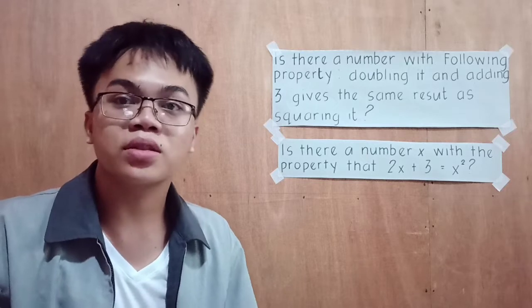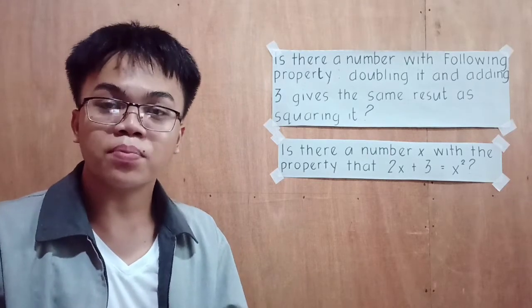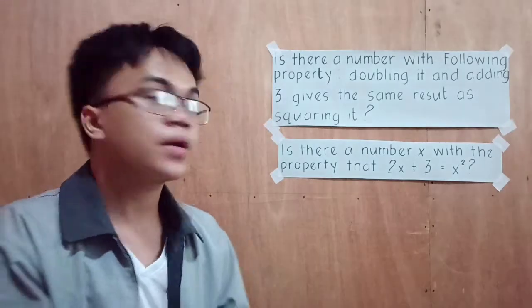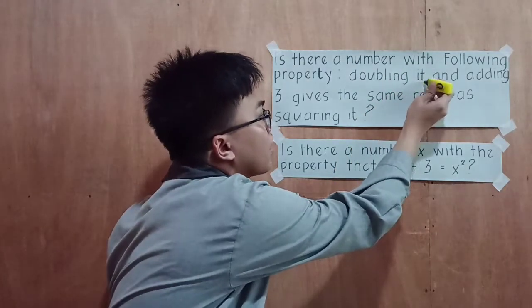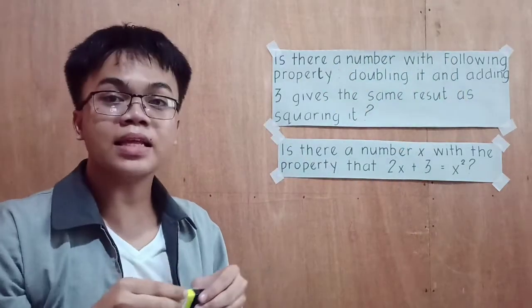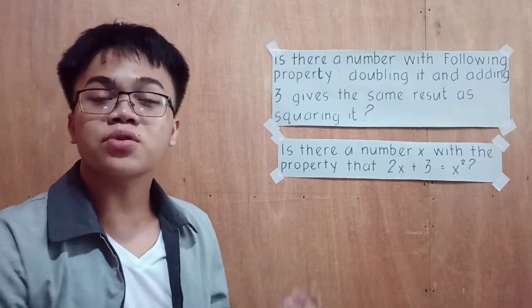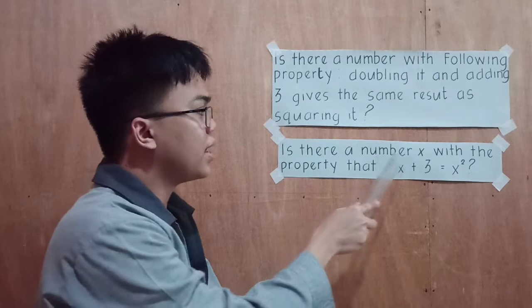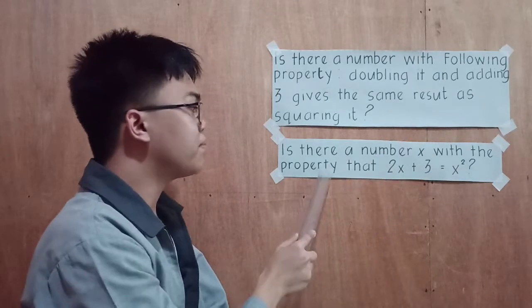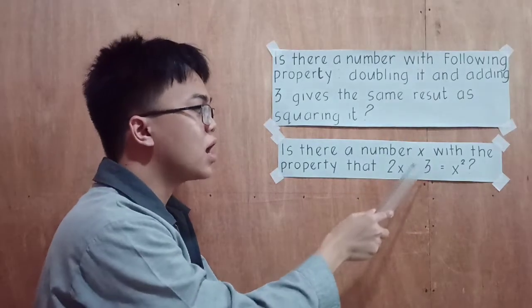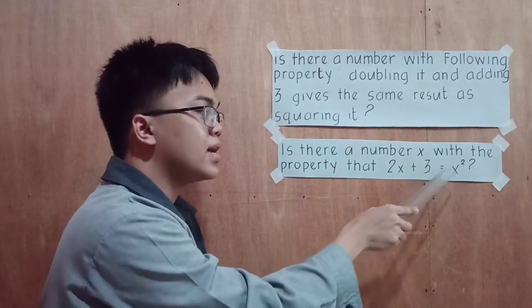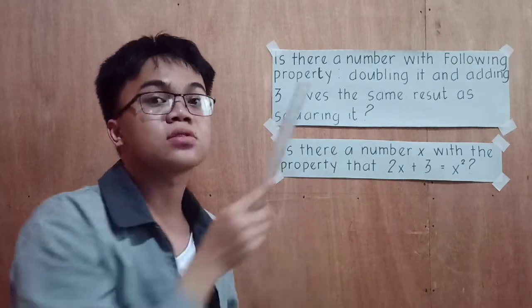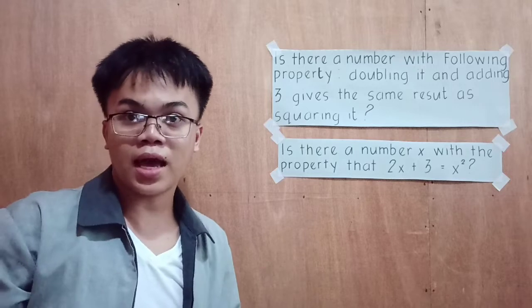So the first thing we need to do is to replace the ambiguous word it. Papalitan natin yan ng variable. So the sentence will be, is there a number x with the property that 2x plus 3 is equal to x squared? So paano nangyari yun?